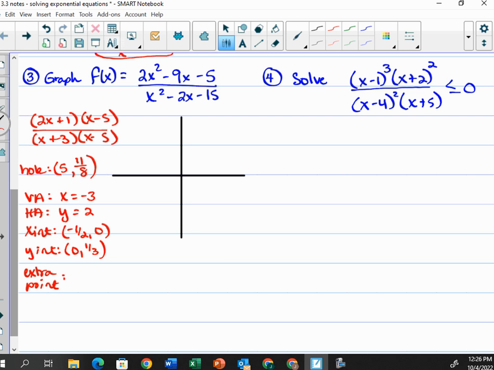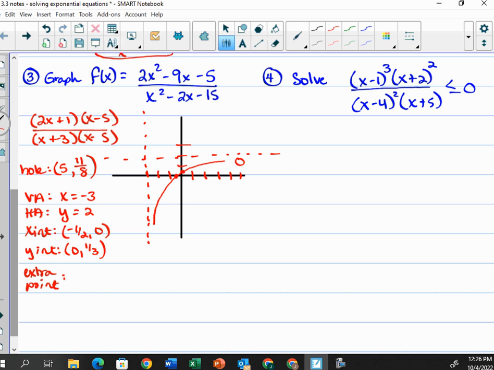Okay, so I'll plot these, 11 eighths. That's more than 1, but less than 2, so somewhere in there. Vertical asymptote at -3. Horizontal at 2. X-intercept -1/2, 0. Y-intercept 0, 1/3.